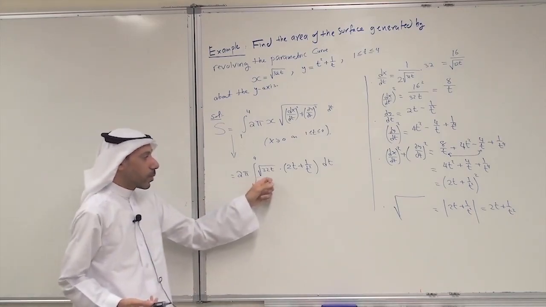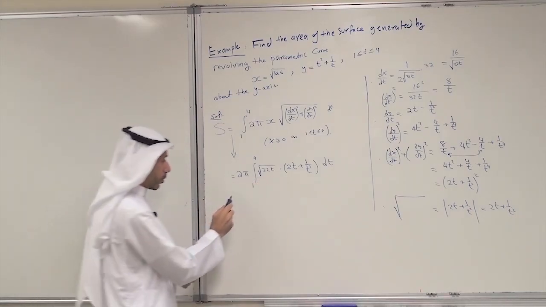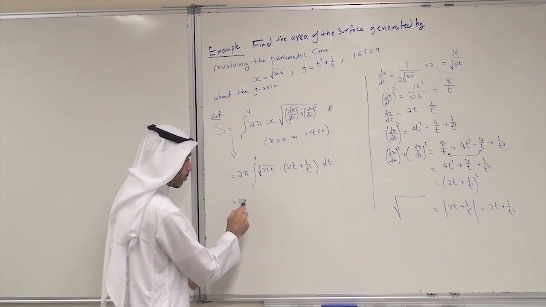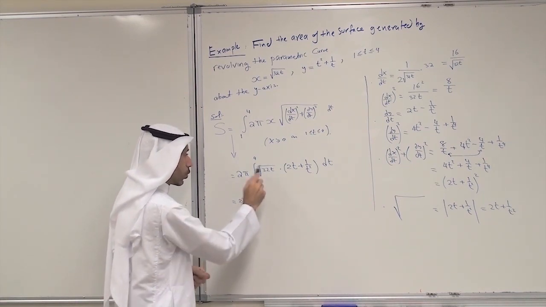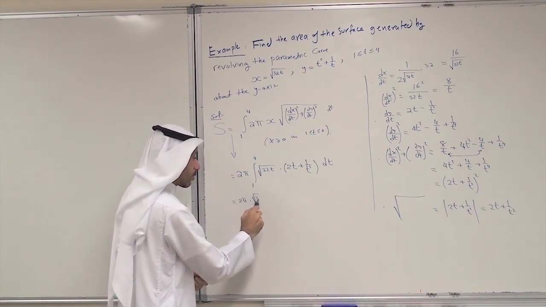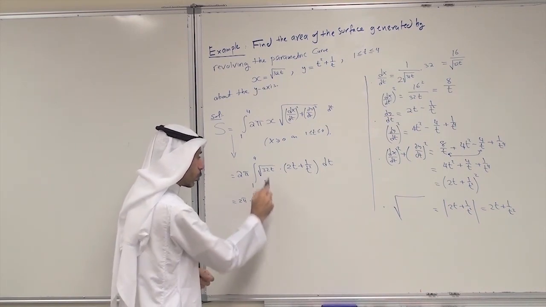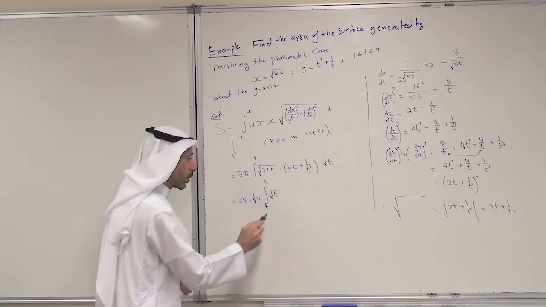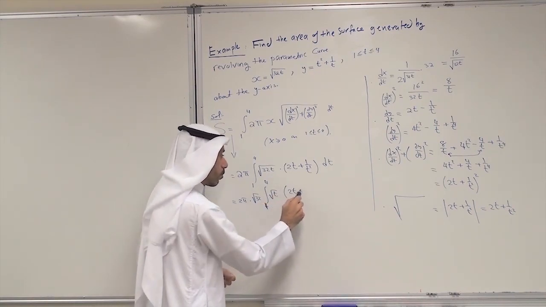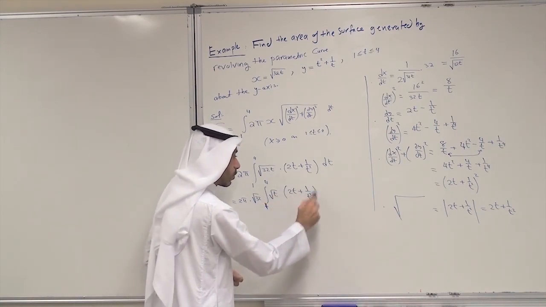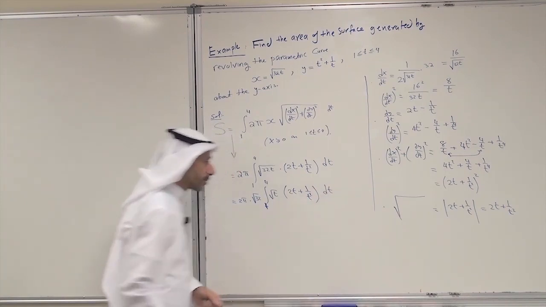Again, simplify the square root of 32t. This becomes 2 pi times root 32, take it outside, integral from 1 to 4 of root t times (2t plus 1 over t²) dt.